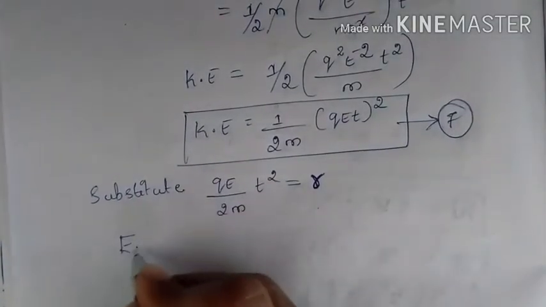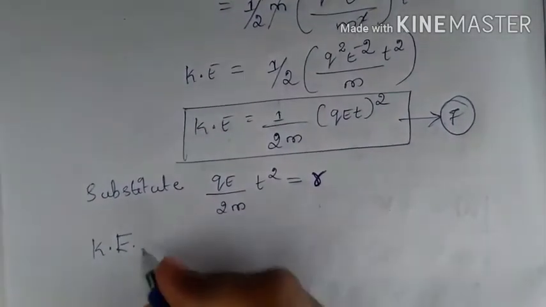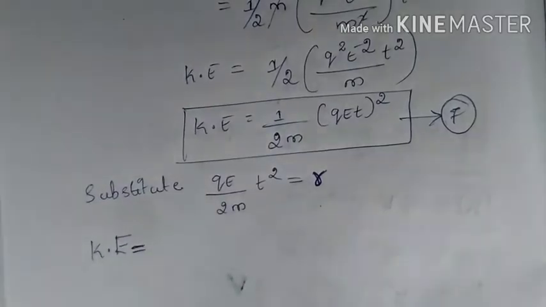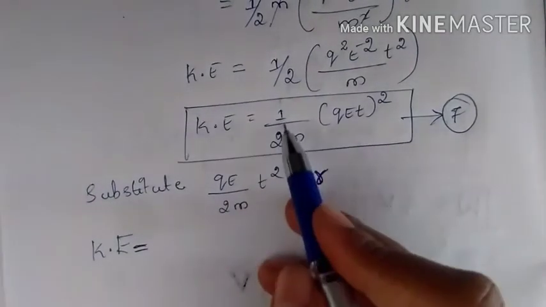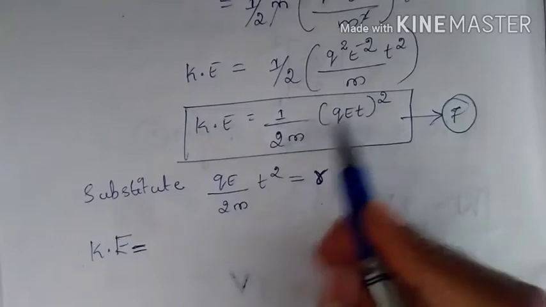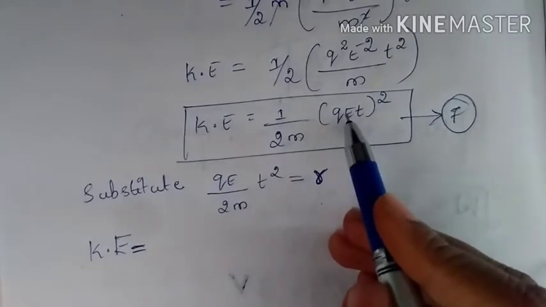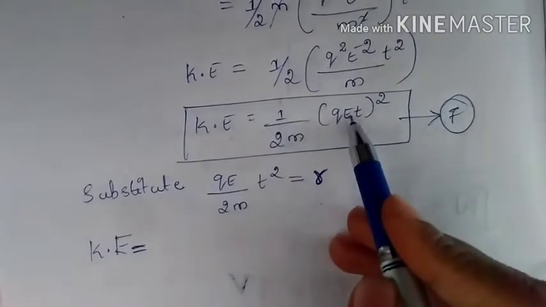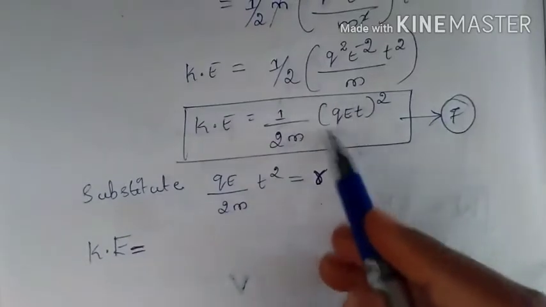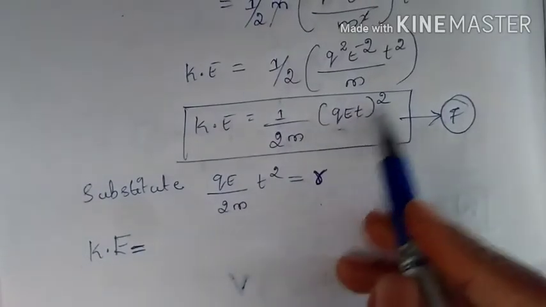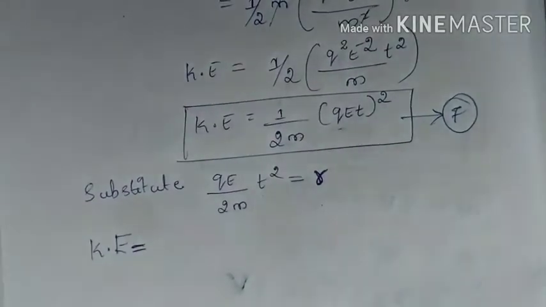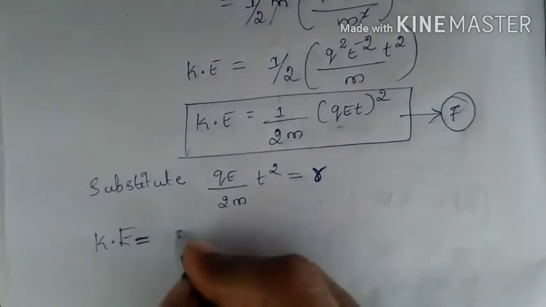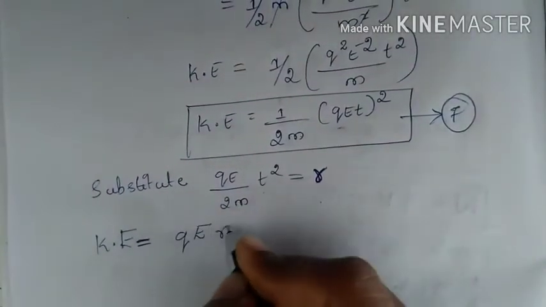So then we get kinetic energy is equal to, here the half went and gone, so there is Q square E square. If I take one Q and one E, then QE will be left, and T square is again T square. So I can write kinetic energy as QER.